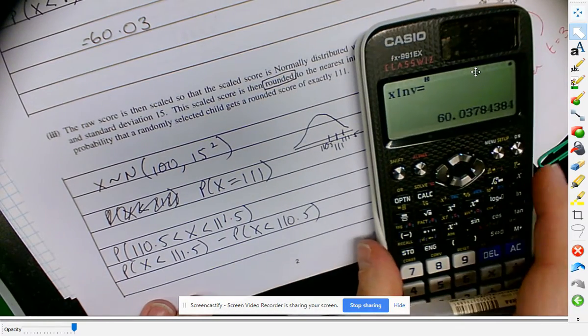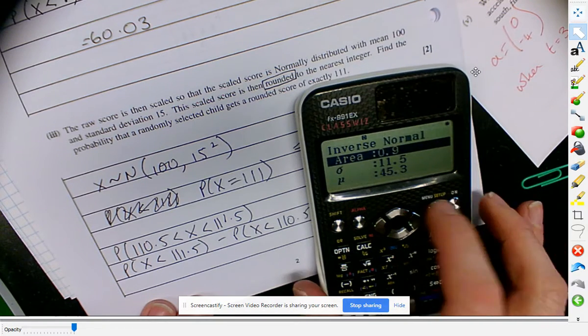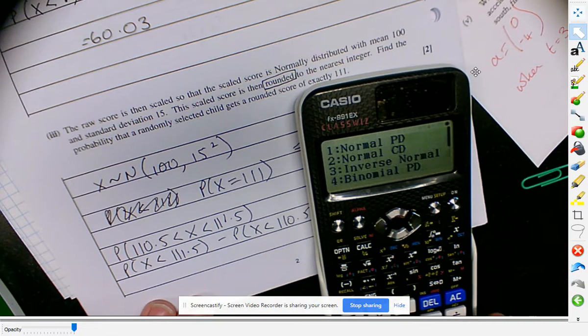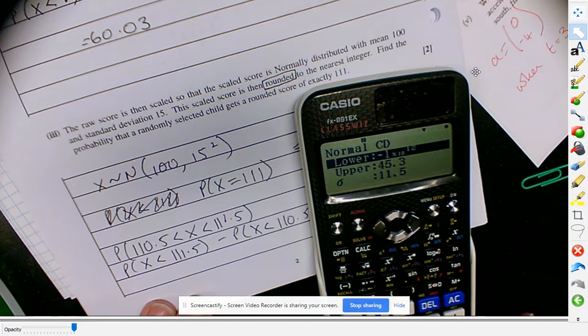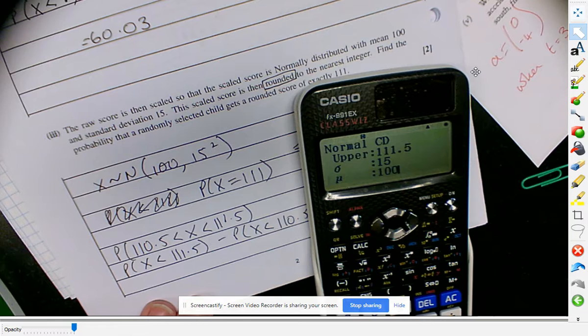And then what happens here? Menu 7, 2, lower limit is still minus a billion, upper limit 111.5. Sigma is now 15, mu is now 100.